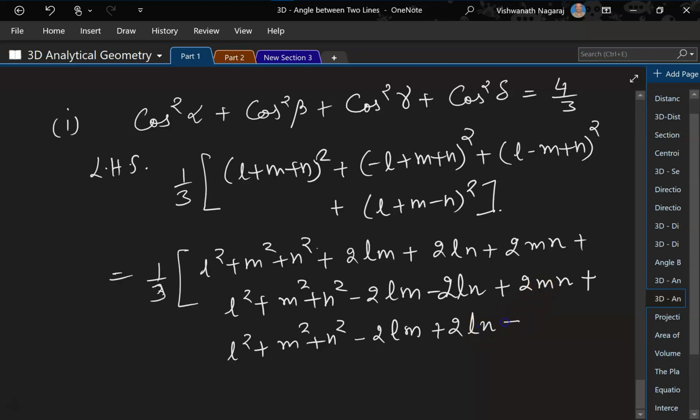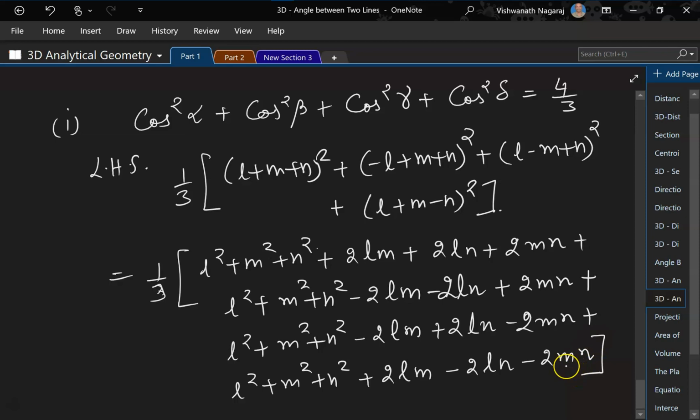Here m is there, so minus 2mn. Now n is minus in the last one: l square plus m square plus n square plus 2lm minus 2ln minus 2mn.